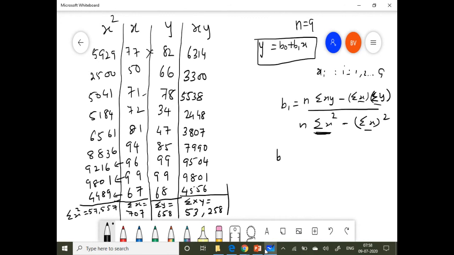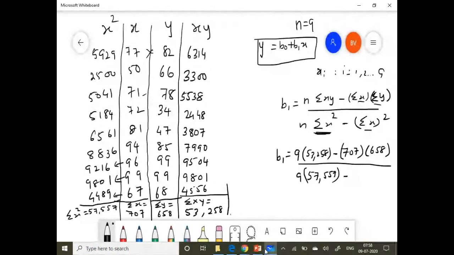Now find b1. Substitute all the values here. 9 times 53,258. This is our summation xy, minus summation x, here it is 707, into summation y, 658, divided by 9 times summation x square in the first column, 57,557, minus summation x whole square, 707 whole square.